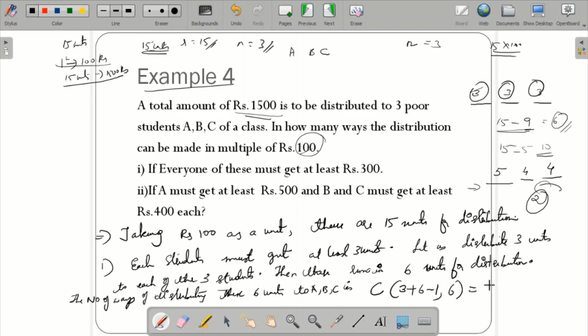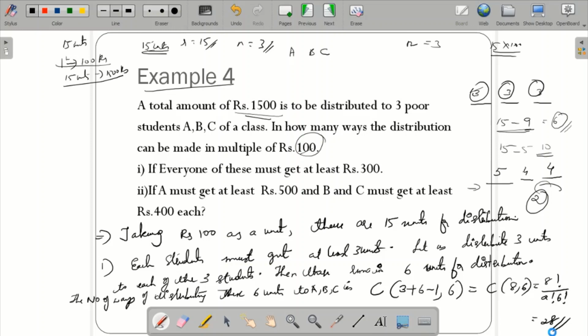So that would give you the combination of 8 comma 6, that is nothing but 8 factorial divided by 2 factorial into 6 factorial, that is equal to 28. So this is the required result. Okay, so that is regarding the first sub question.